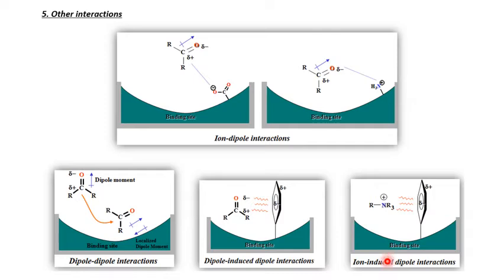Similarly here, if you have an ion as part of the drug and a hydrophobic group, then this ion can induce the hydrophobic group and cause what's called ion-induced dipole interactions. And it doesn't have to be that the drug is always the positive one and the binding site always has the hydrophobic region. It could be the opposite.